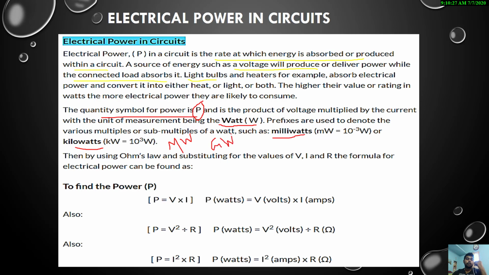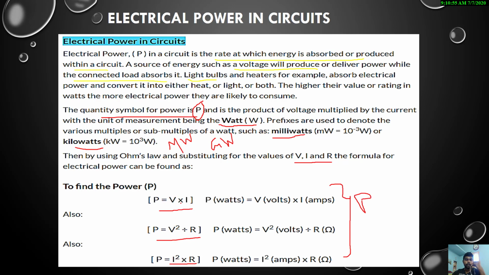By relating to Ohm's law, that is the terms V, I, R, power can be expressed in the following ways. P is equal to V into I, P is equal to V squared divided by R, and P is equal to I squared into R. These three are power formulas, but the substitution is different.